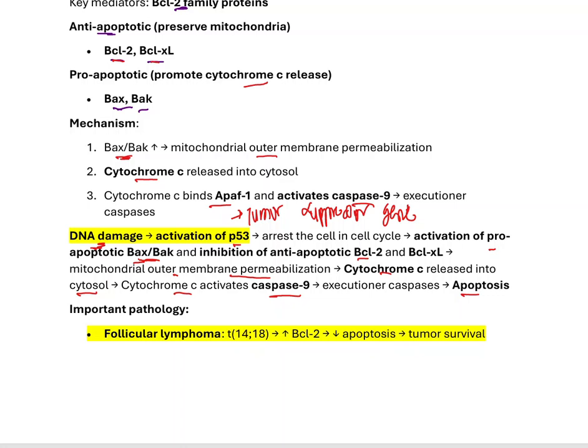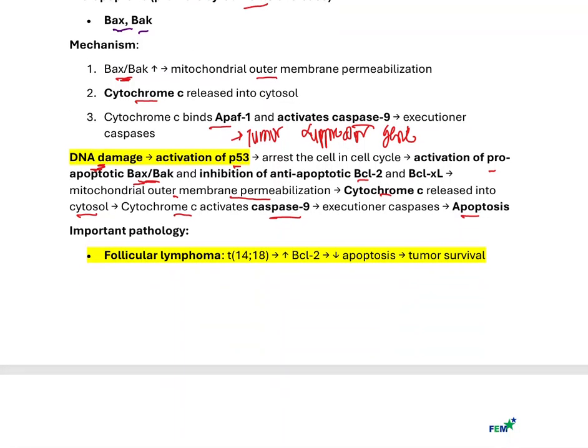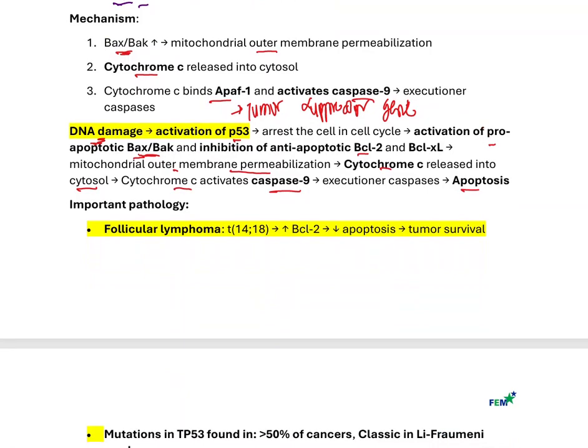So what are some pathologies that we need to know for the exam, some clinical correlations that they may ask us? One is follicular lymphoma. Follicular lymphoma, as we know, is due to translocation 14-18. How do I normally remember this?